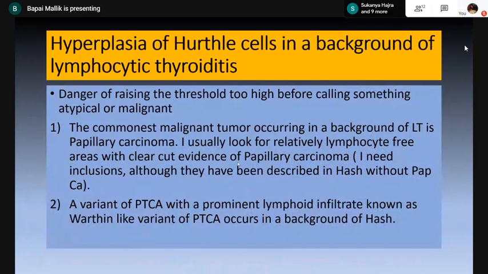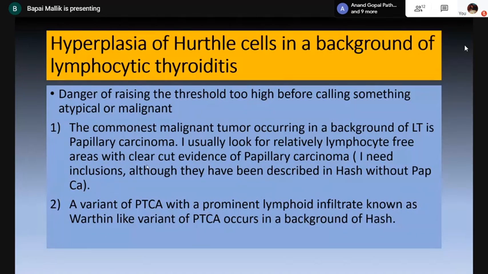Hyperplasia of Hürthle cells in the background of lymphocytic thyroiditis is where the danger of raising the threshold too high lies. Of course, you have to remember that the commonest malignant tumor is papillary thyroid carcinoma. So one cannot say that every nuclear change that you are seeing is because of reactive changes and there is no papillary carcinoma. No, we have to be realistic in these cases. And of course, we will see one example in the next webinar.